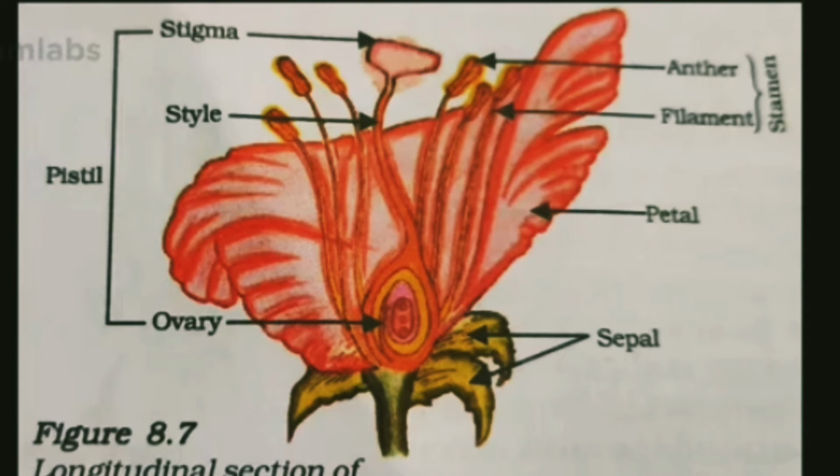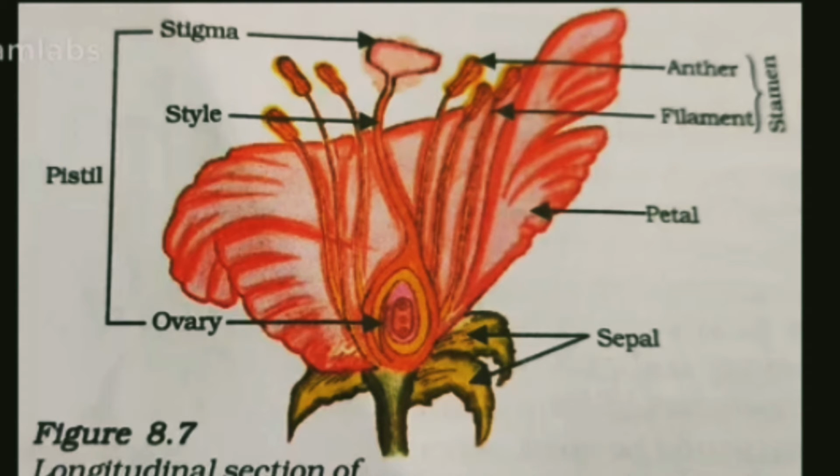When I said seeds, through the seeds, in the sense that is the output of sexual reproduction. Now till now we studied androecium and gynoecium. That is, the pollen drops on the stigma.